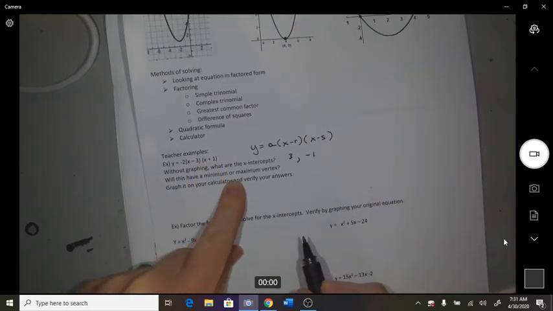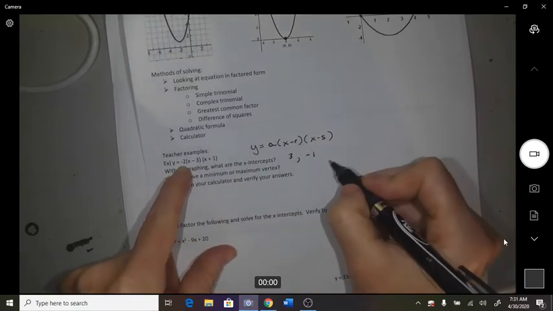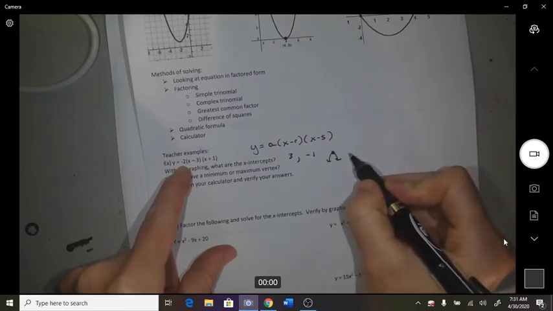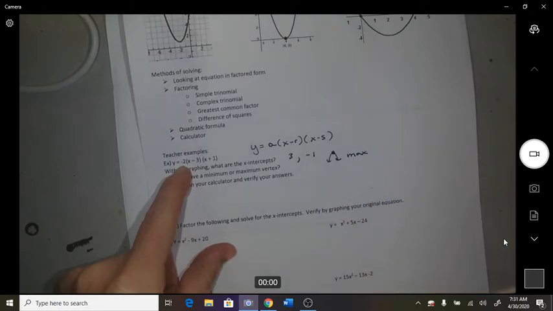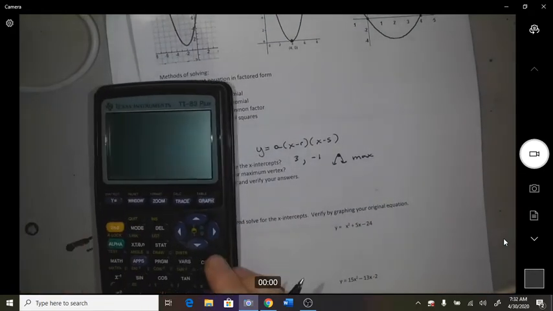Will this have a minimum or maximum? Okay, so if I look at this negative 2, that is the a, so that means my parabola will open downward, and then my vertex will be there, which would be a max. Okay, so let's put this on our calculator.